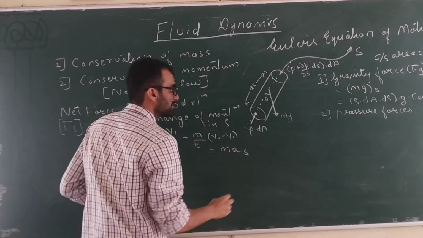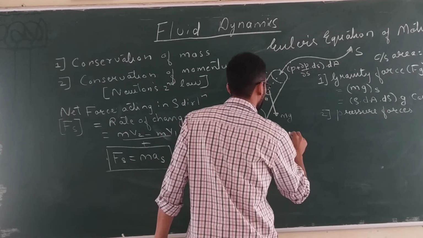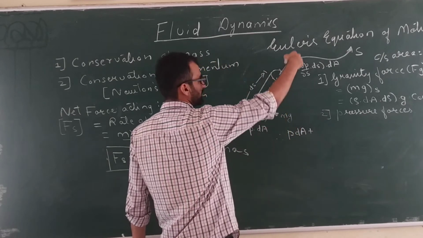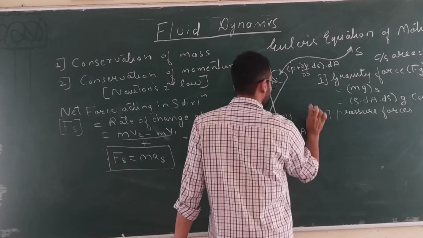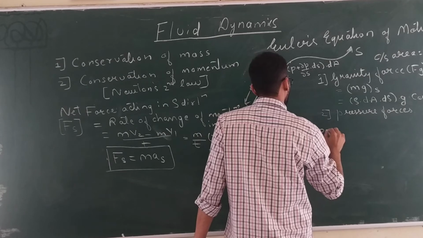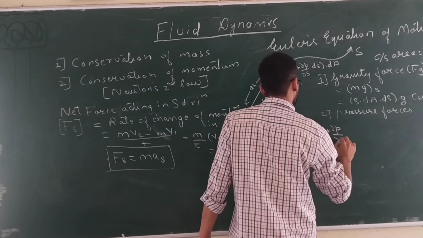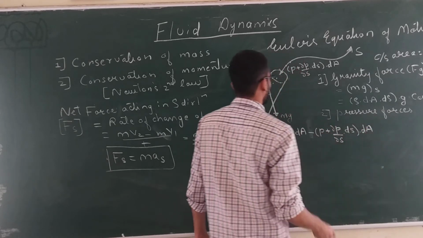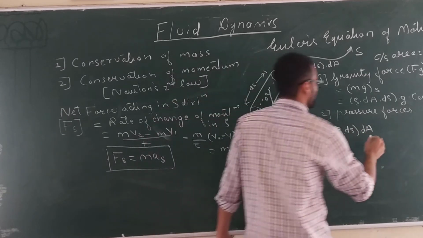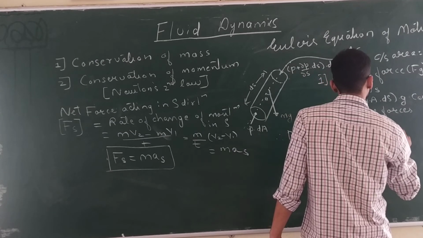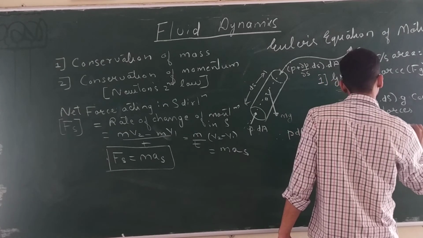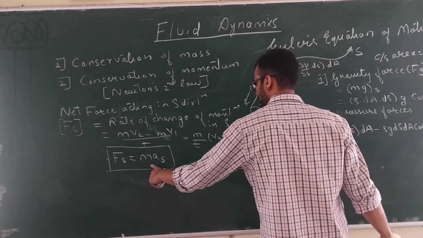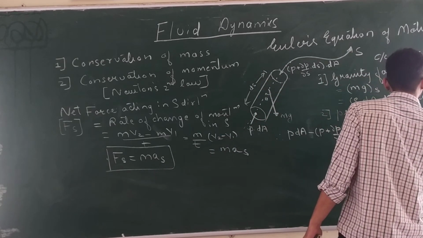We have P dA, and minus, because it is in the opposite direction, P plus del P by del s into ds, into dA. Again the gravity component will be minus rho g ds dA cos theta, equal to m into a, m a s.